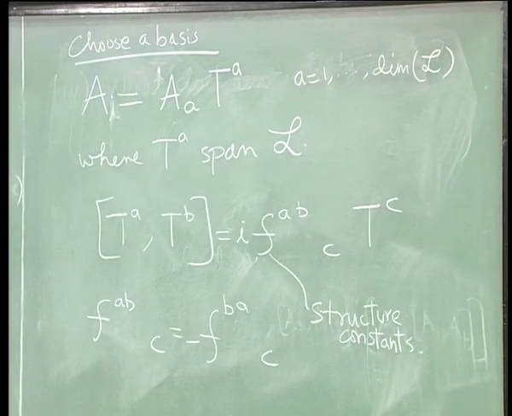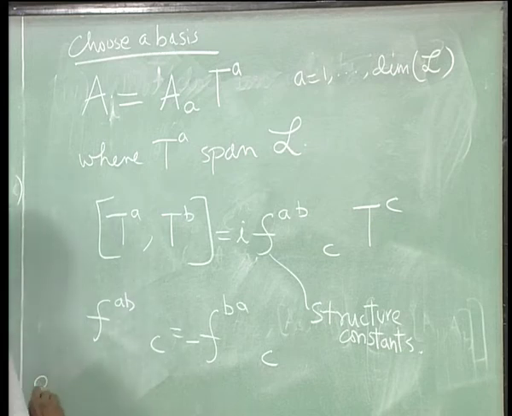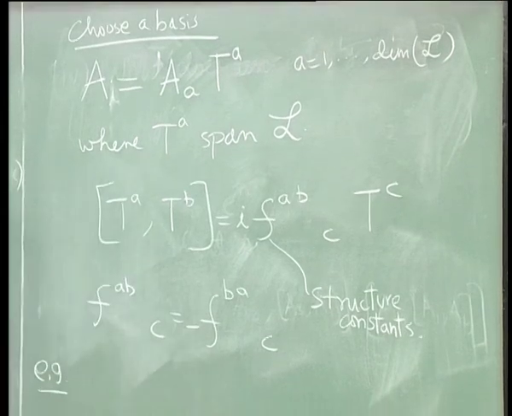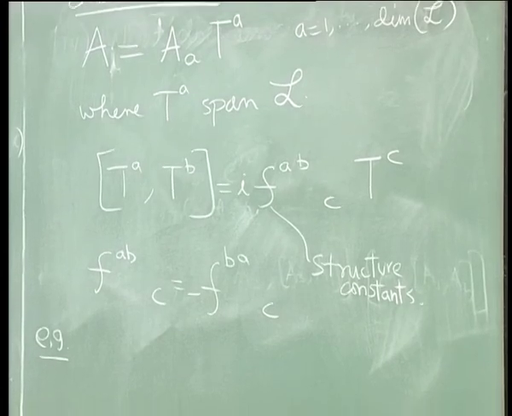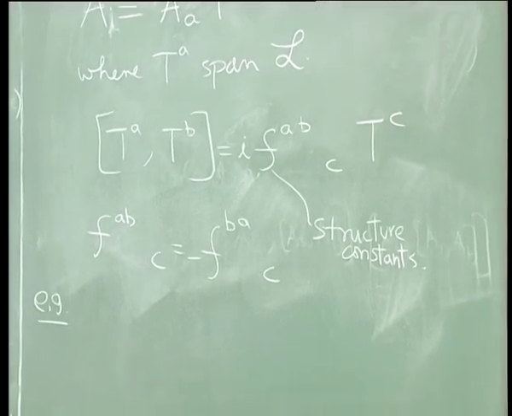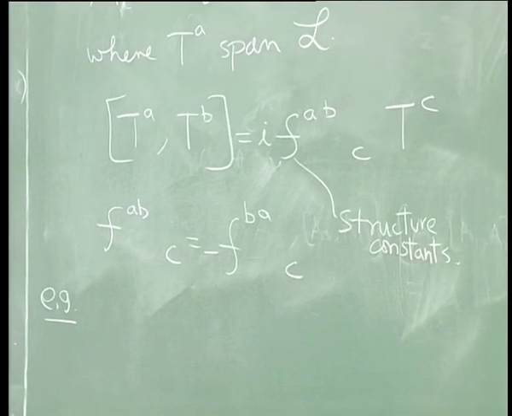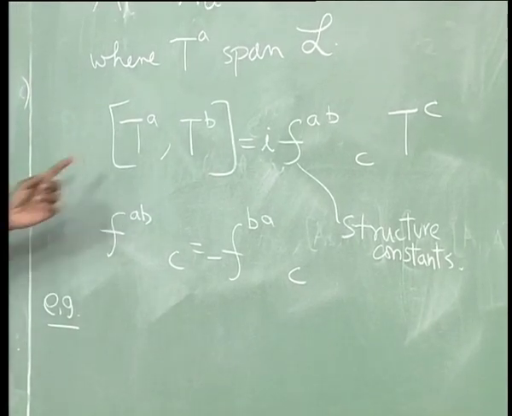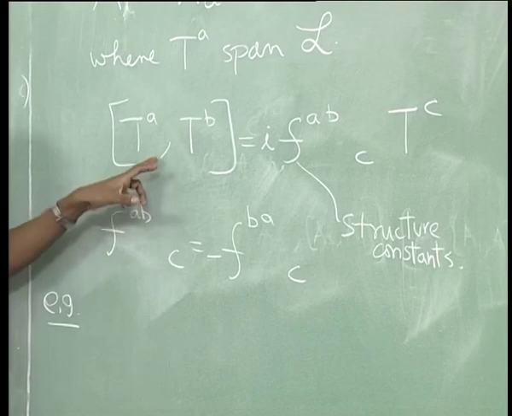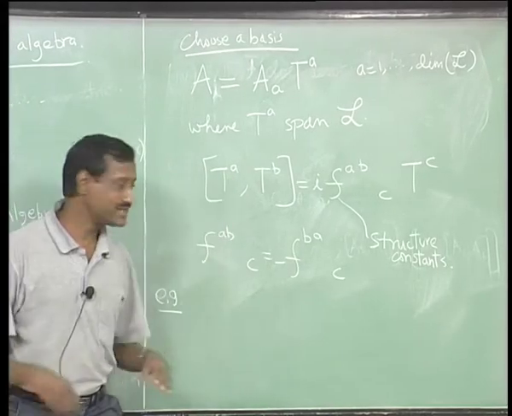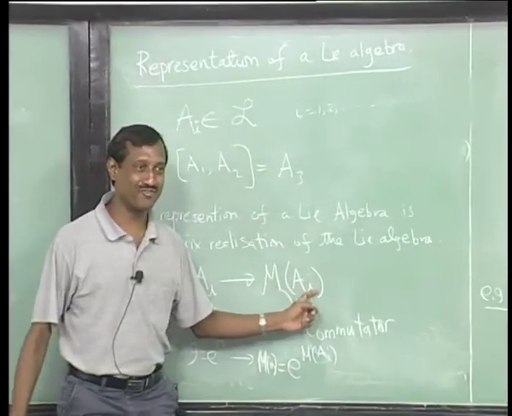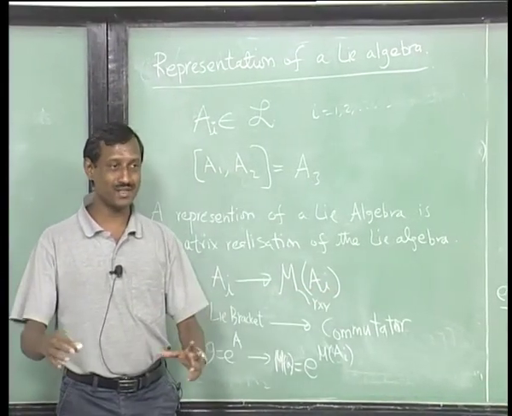Okay. I will give you an example now, and it will be in terms of a representation, so I will write T_A as matrices. I will use the same symbol T. I won't write M of A, but I will write a matrix for you.